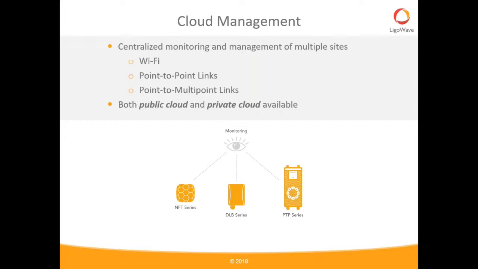And we're also one of the only vendors that have both a public cloud and a private cloud option. So public cloud is usually popular with smaller integrators who don't have their own data centers and don't have the staff and don't want to worry about the overhead of maintaining their own servers. Private cloud is usually intended for larger customers who do have their own data centers and do have their own IT experts on hand and want to maintain it themselves.